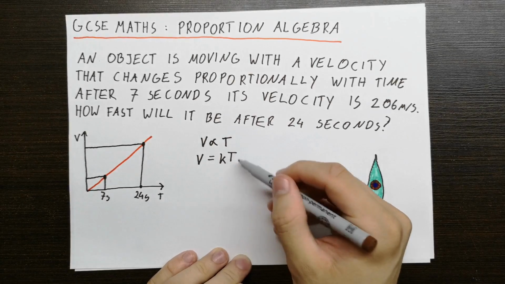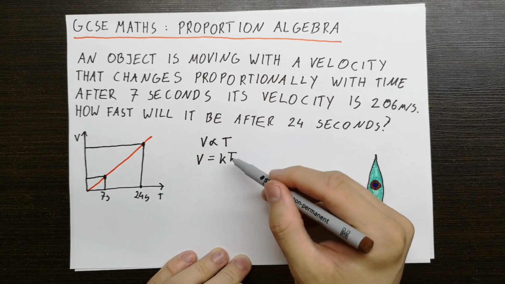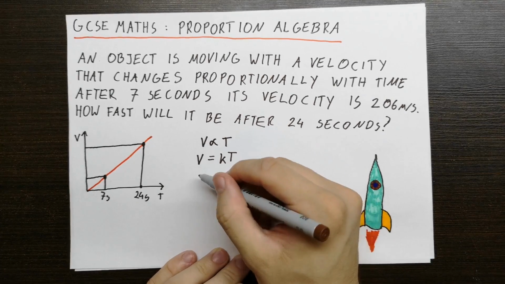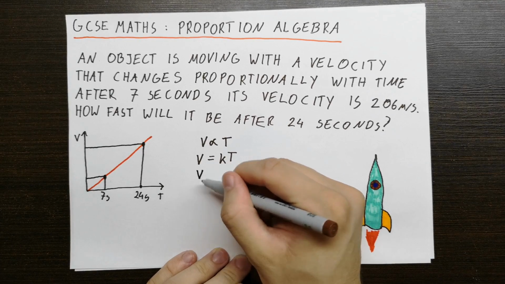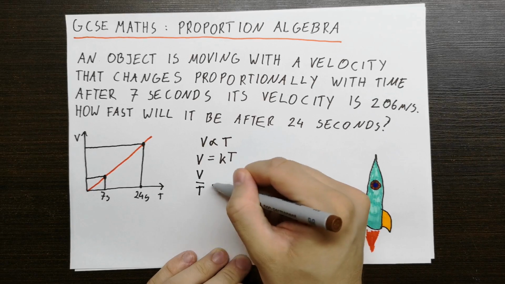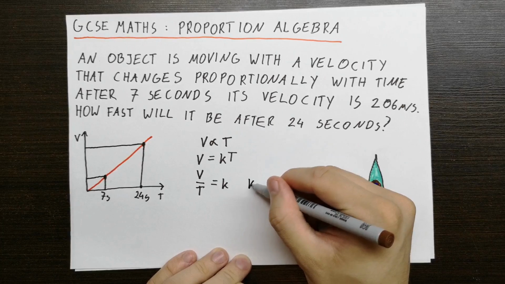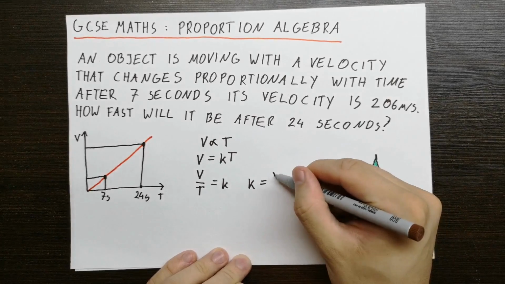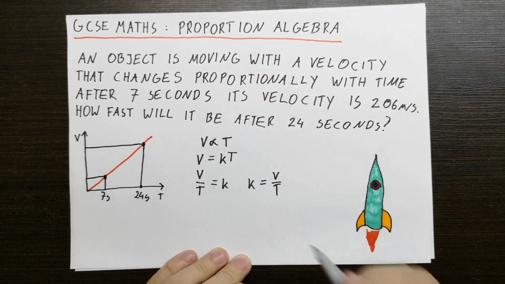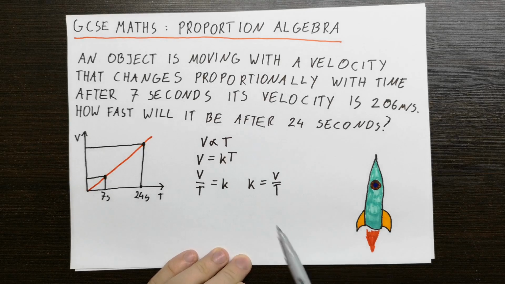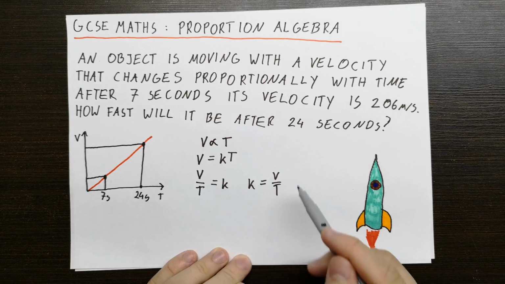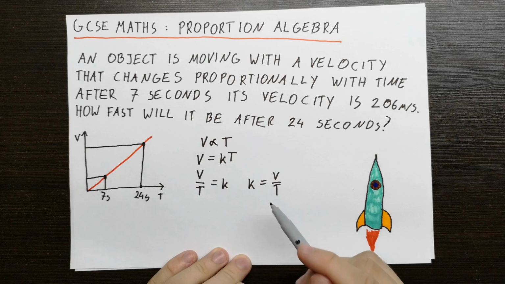We will do that by dividing by t on both sides. So v divided by t is equal to k. I'm going to flip this the other way around, so k is equal to v divided by t, just to make it a bit more clear. That is how we are going to work out the constant.